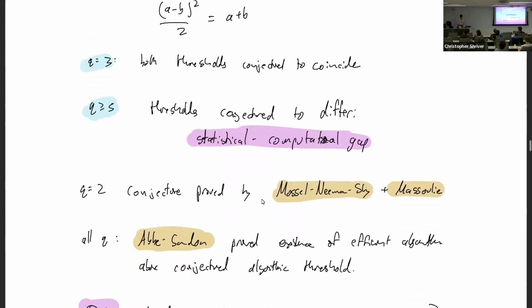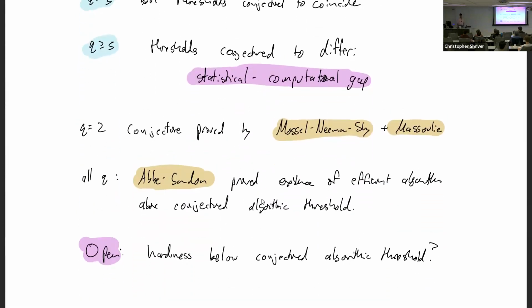So what is known? For Q equals 2, these thresholds coincide for the two-part model. This was proved by Mossel, Neeman, and Sly, and Massoulié. Then for all Q, Abbe and Sandon proved the existence of efficient algorithms above the conjectured algorithmic threshold, the Kesten-Stigum bound.